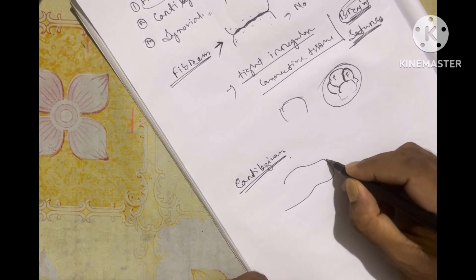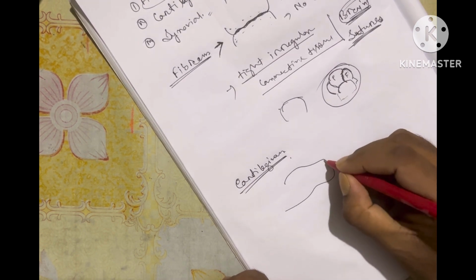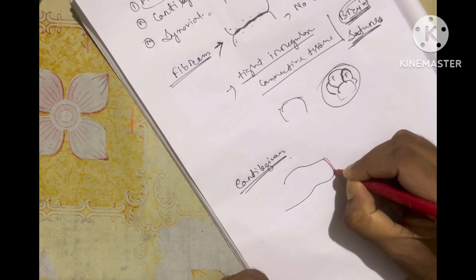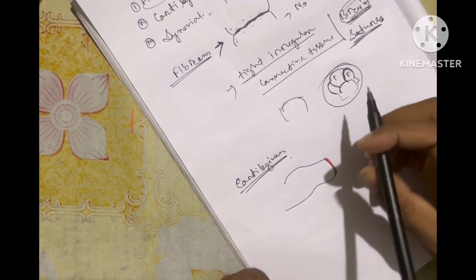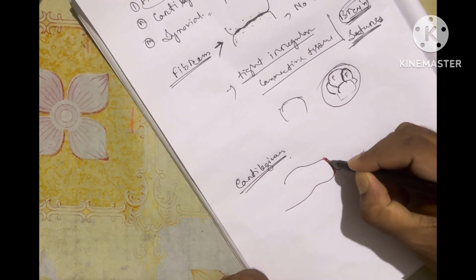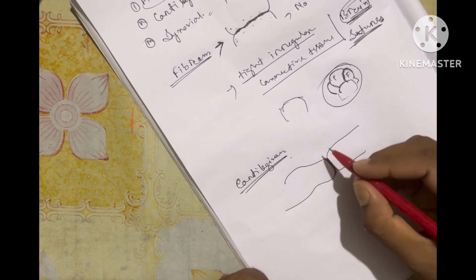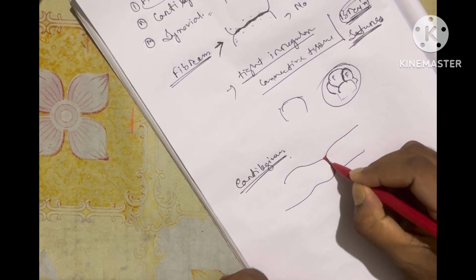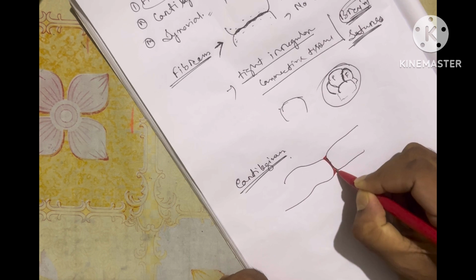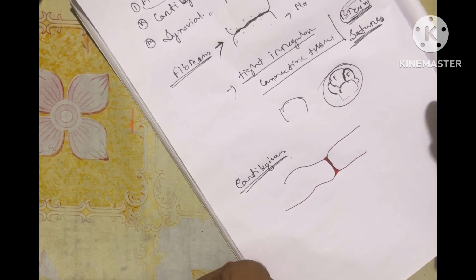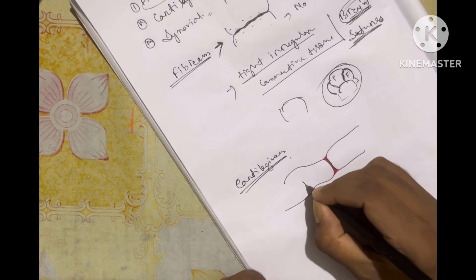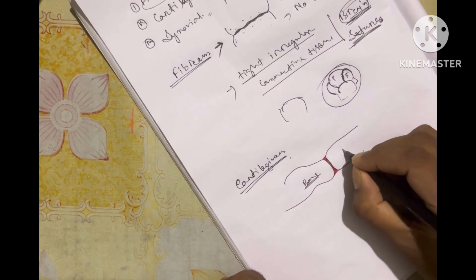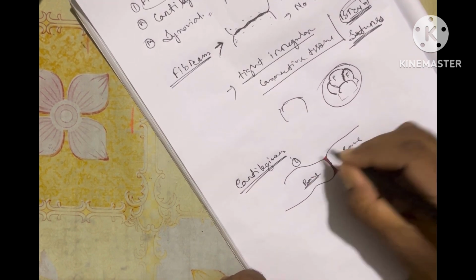For example, this is bone number one, and this cartilage will connect both the bones. This is bone number two.